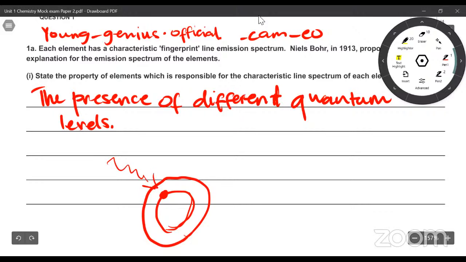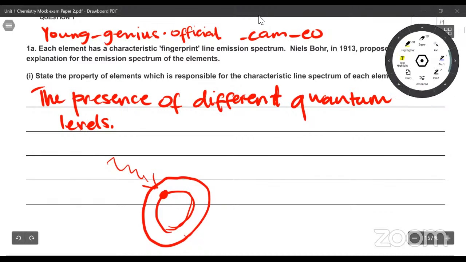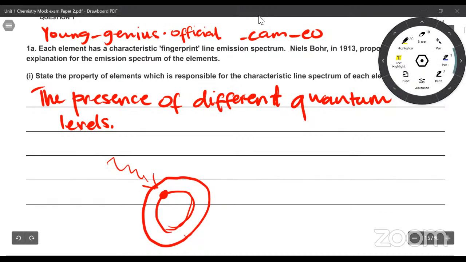The electron will become excited and move to a higher energy state, or another quantum level, if you may. And when the electron loses its energy, it shoots back out another photon.